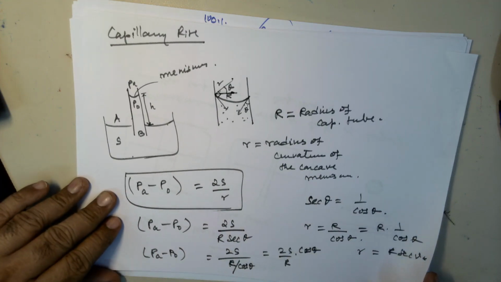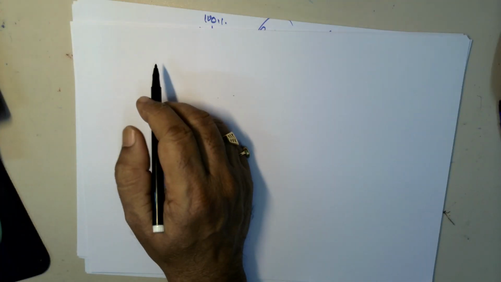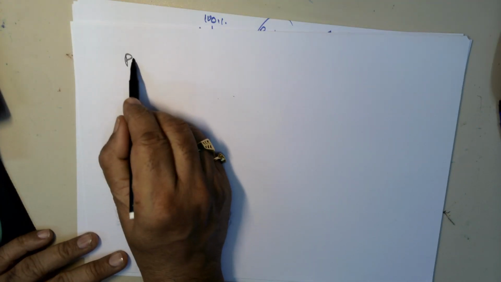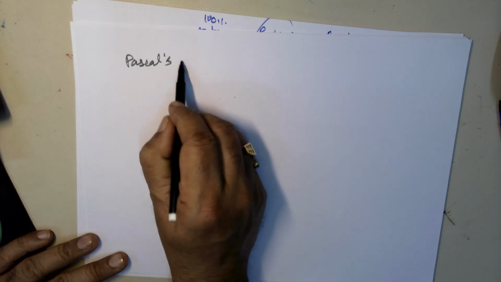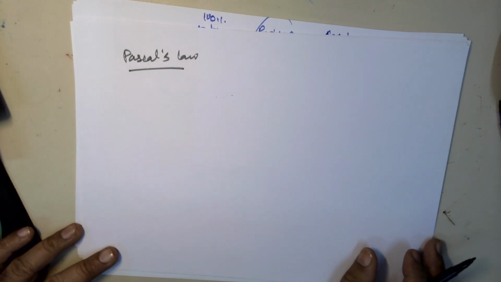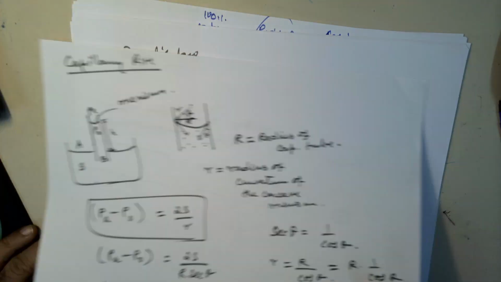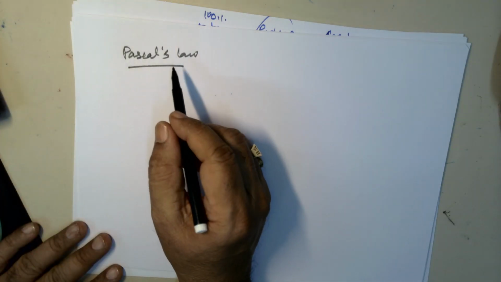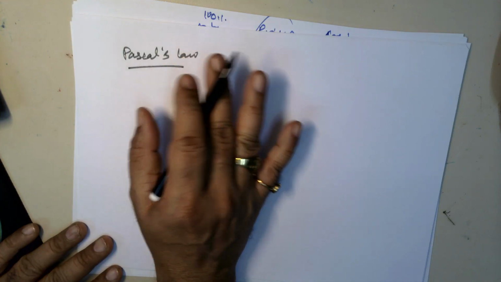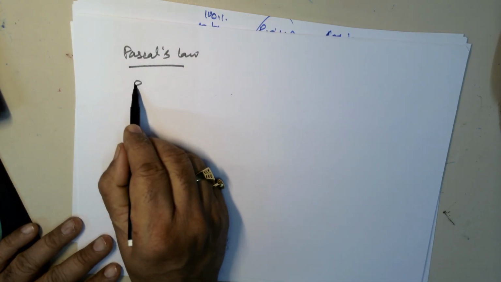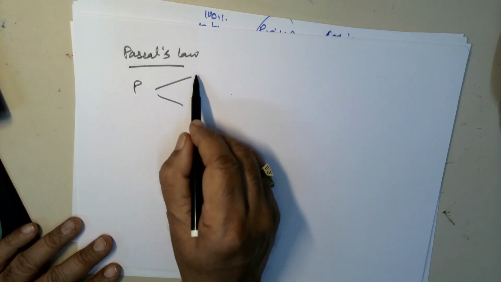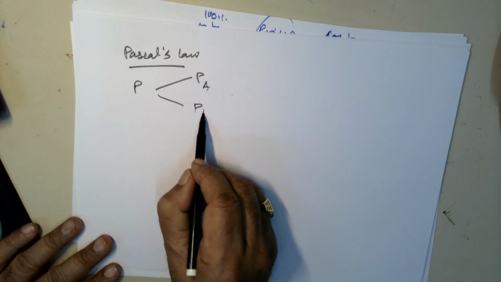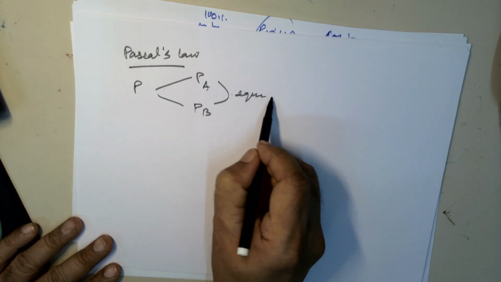Now we are going to apply Pascal's law. According to Pascal's law, let us consider two points A and B. Which are those two points? This is A and this is B. Okay. So according to Pascal's law, the pressure must be the same at the two points. That is P at A, P at B. They are equal.